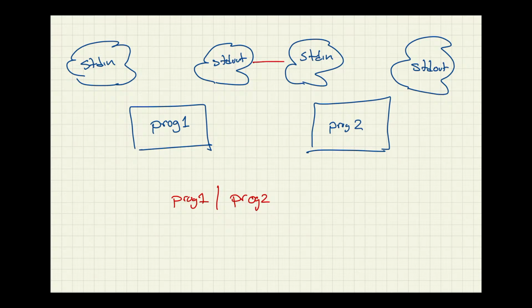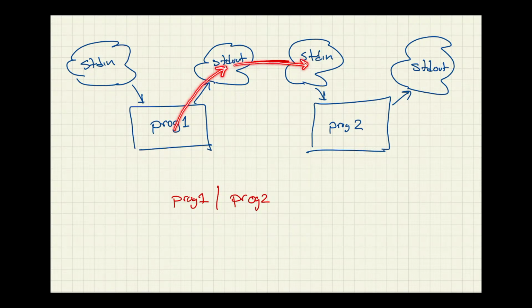all the shell does is run a connection between the standard out of program number 1 and the standard input of program number 2. And that's all the pipe does, it just connects up those two clouds, if you will. And then all data that program 1 generates goes to standard output.